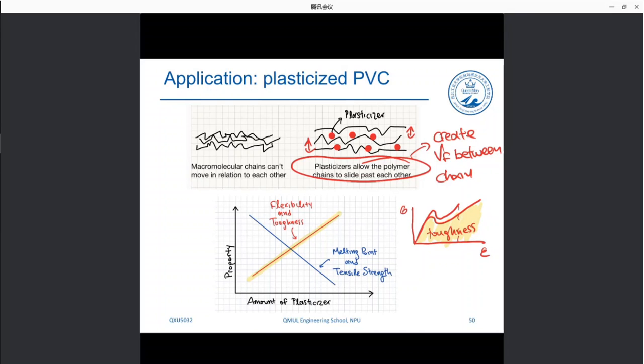However, by introducing the plasticizer, what we end up also getting is that we lower the melting point and we also lower the tensile strength. You can see that the tensile strength here is lower in the case of the plasticizer, okay? Here we have plastics.